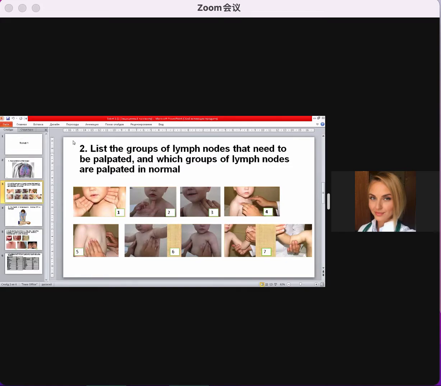Tonsillar at the first photo, or submandibular, is the same, yes? So these lymph nodes are palpated in normal. What does it mean in normal? If the patient doesn't have some oncological disease, for example lymphoma or lymphogranulomatosis.